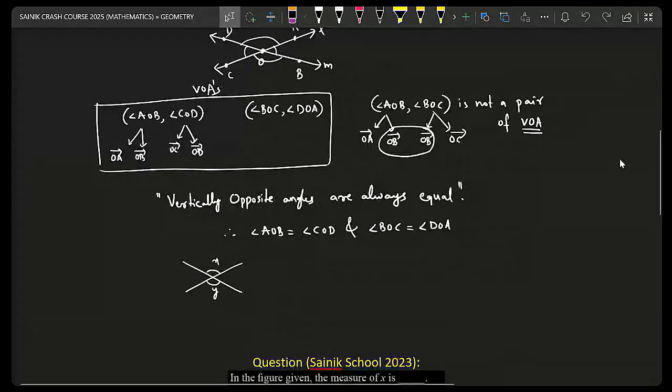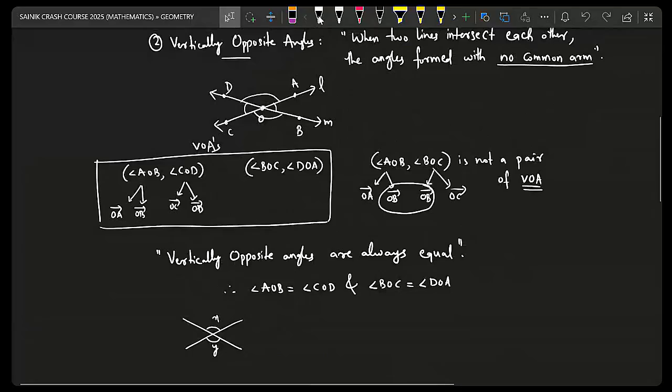Yes, Shreyash, I'm naming these two angles also. Am I audible? Yes, sir. Just a second.